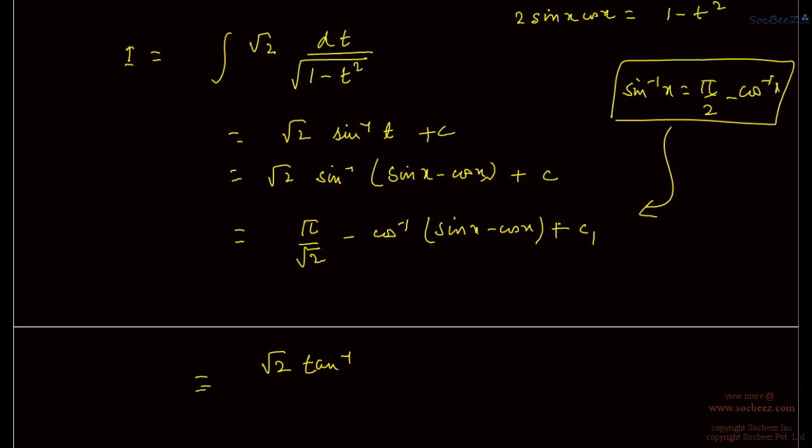root 2 tan inverse of (sin x minus cos x) upon (1 minus (sin x minus cos x) square), right?